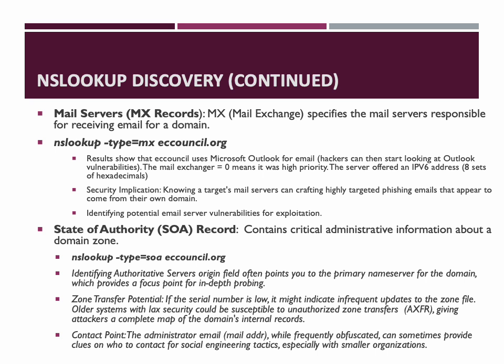Security implication: knowing a target's mail service can help craft highly targeted phishing emails that appear to come from their own domain. And then of course, potential email server vulnerabilities can be used for exploitation purposes, right? So if you can find out what the server is, you can then go into a vulnerability database and look at what the server vulnerabilities are.